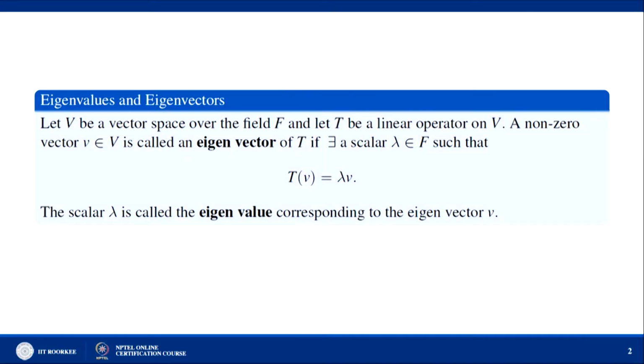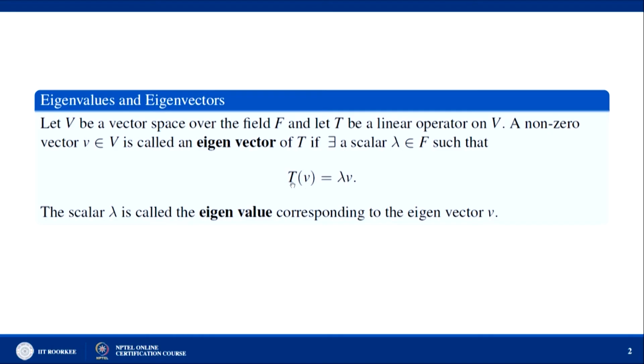So let V be a vector space over the field F and T be a linear operator on V. Okay, that is T is a linear transformation from V to V. A non-zero vector v belonging to V is called an eigenvector of T if there exists a scalar lambda belonging to F such that Tv equal to lambda v.